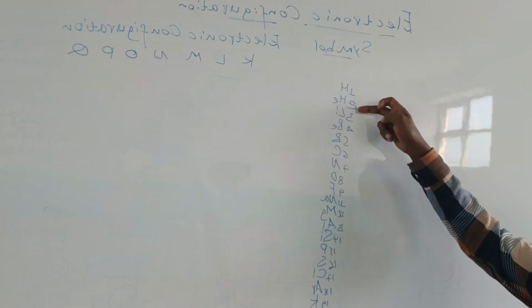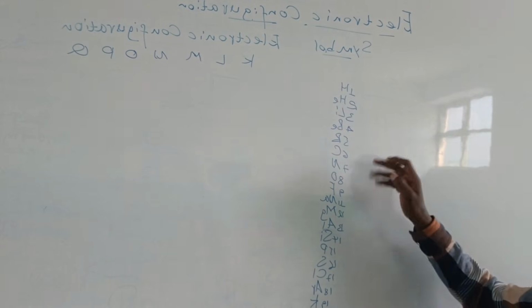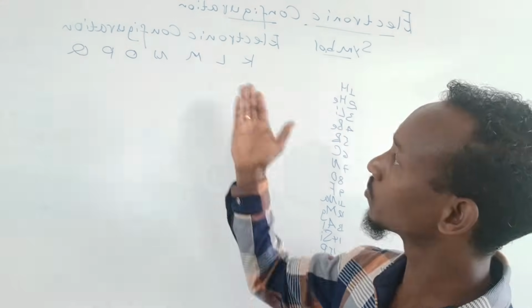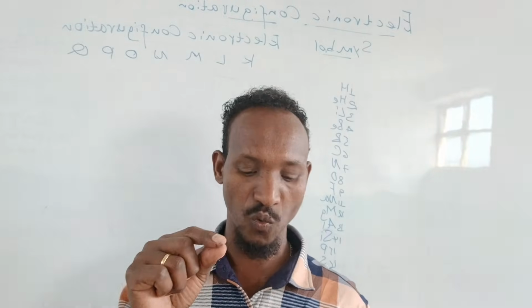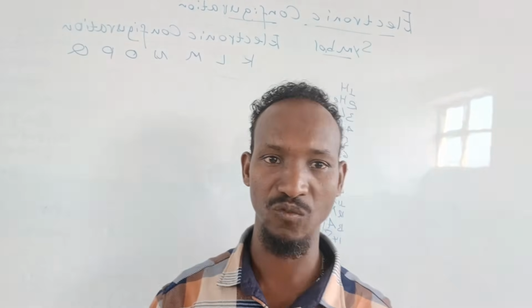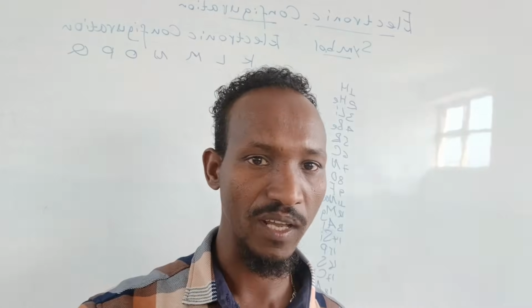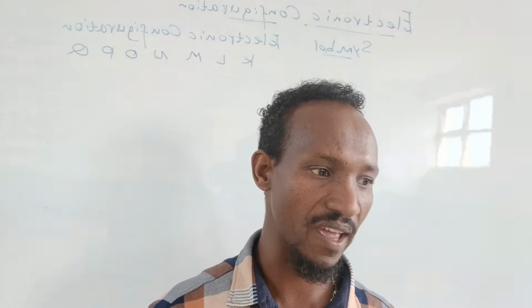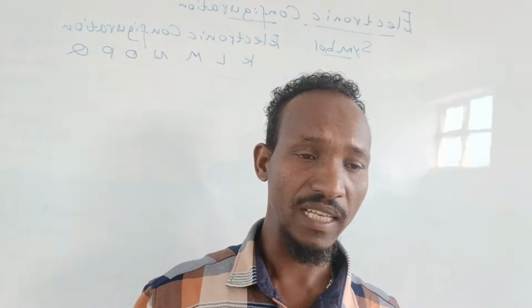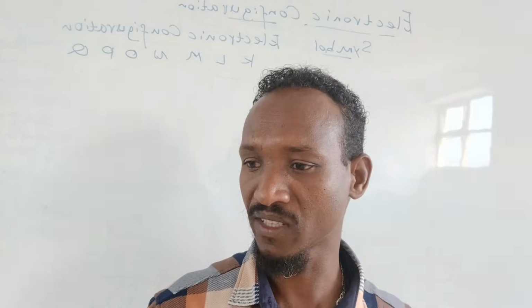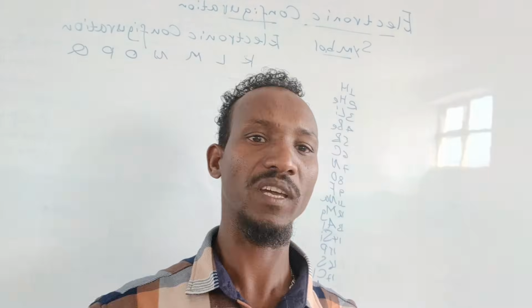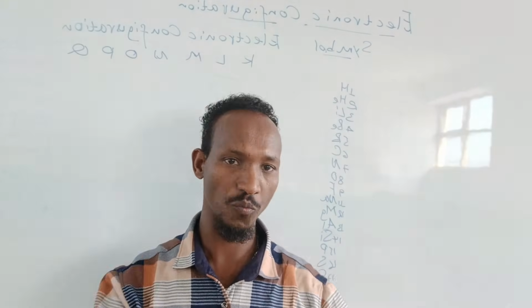The number that I give here is known as the atomic number. So to draw the electronic configurations of elements, we have to use the atomic number of the elements, which was given by Henry Moseley. Henry Moseley stated that when elements are arranged in their increasing atomic number, they show periodicity or periodic functions.